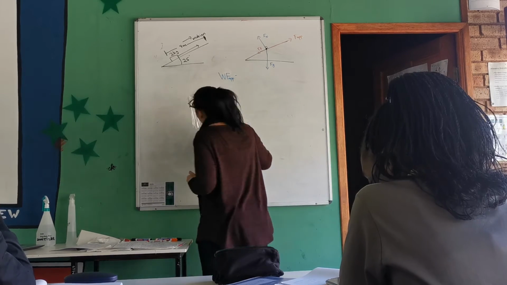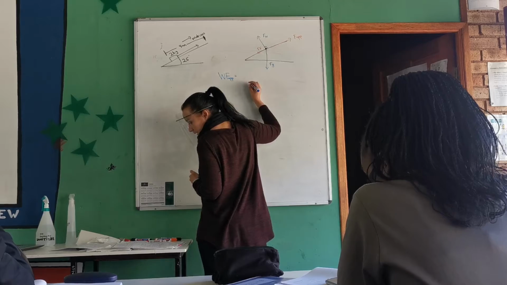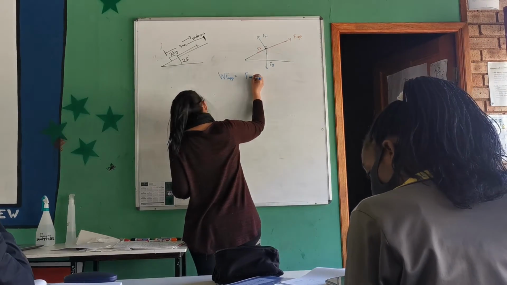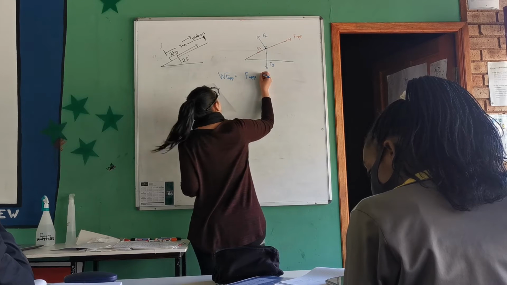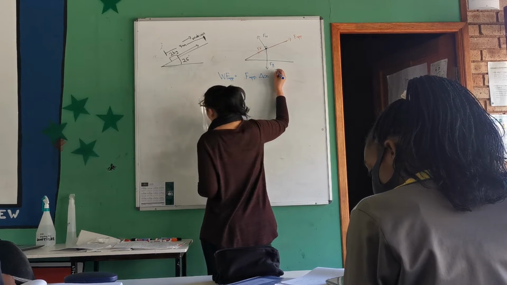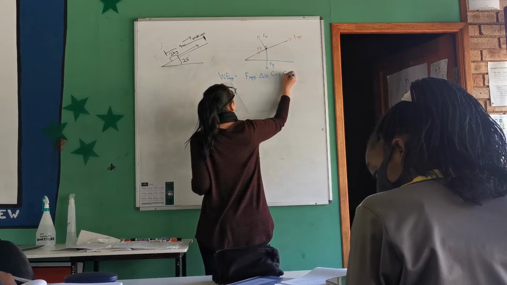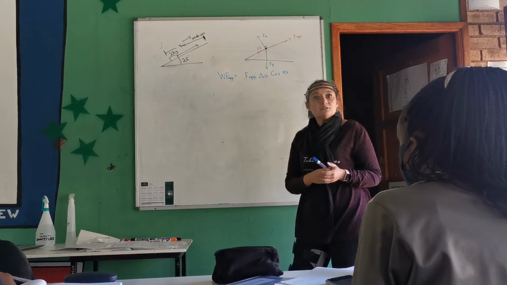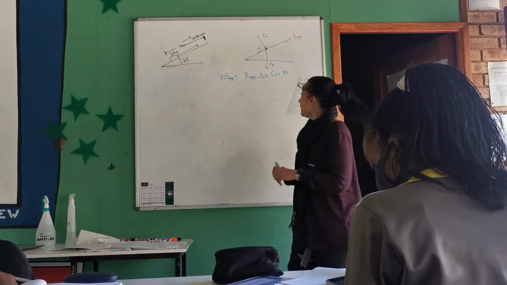I have that, and that's going to be equal to the force applied multiplied by the change in my displacement multiplied by cos theta. Okay, multiplied by cos theta. Are you guys all right with that? Yes? Okay.